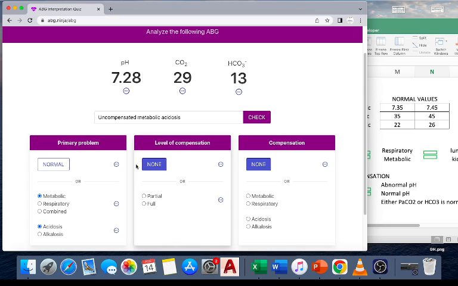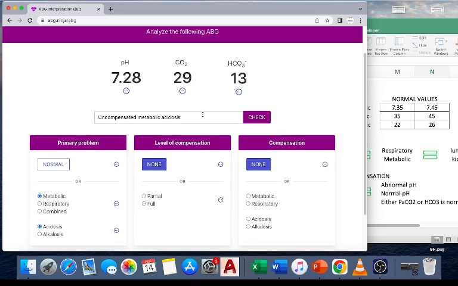So I cannot answer none. So there's some kind of compensation or adjustment to correct the metabolic acidosis.